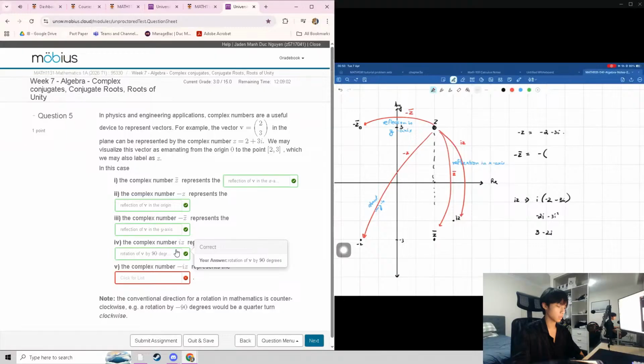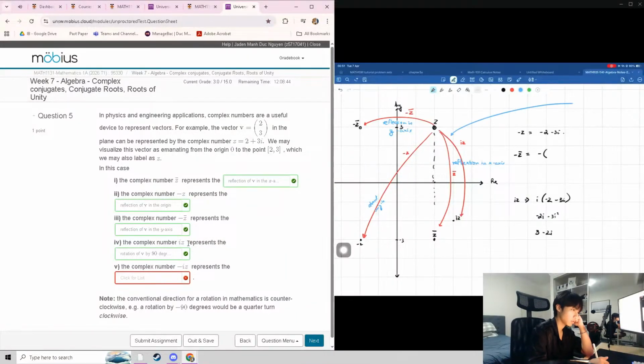So this is 90 degrees. iz is 90 degrees. Why is it 90? I thought it would be minus 90.